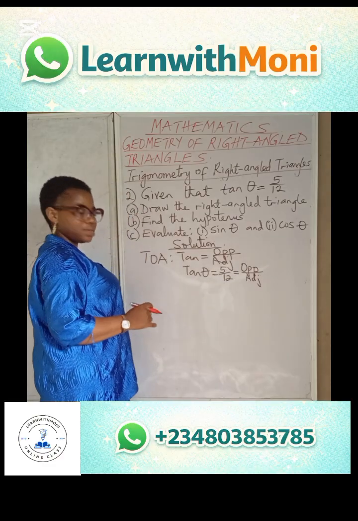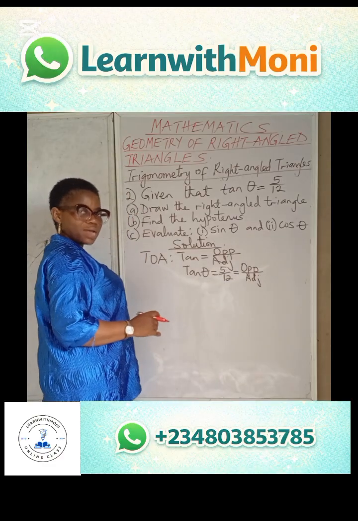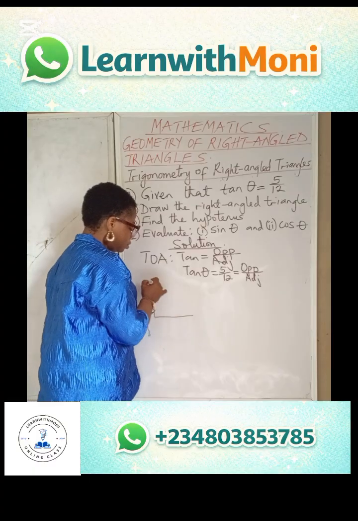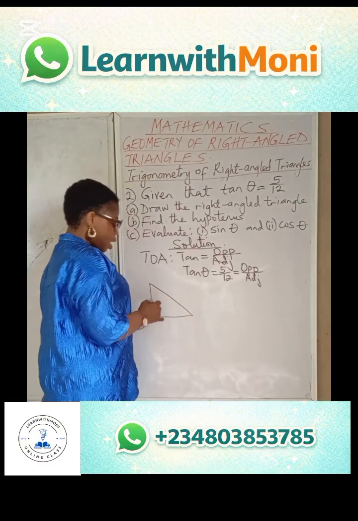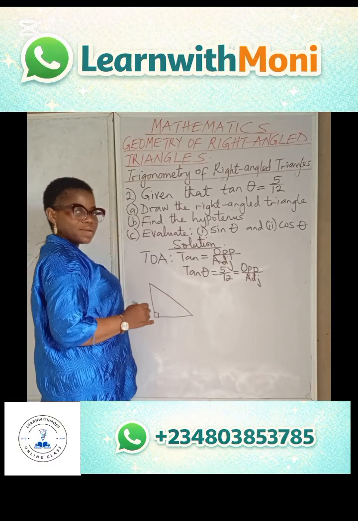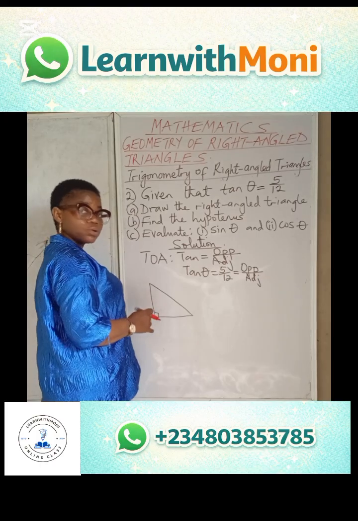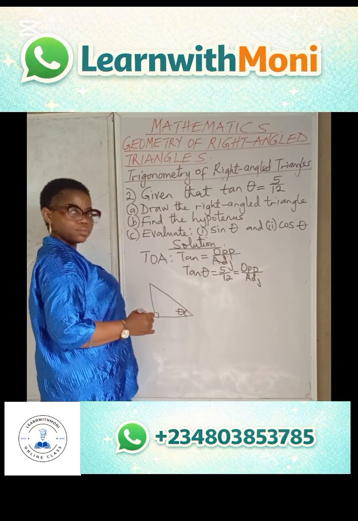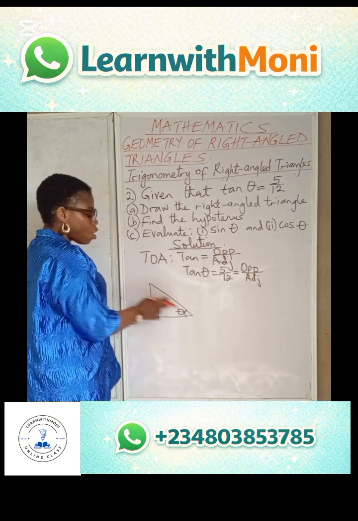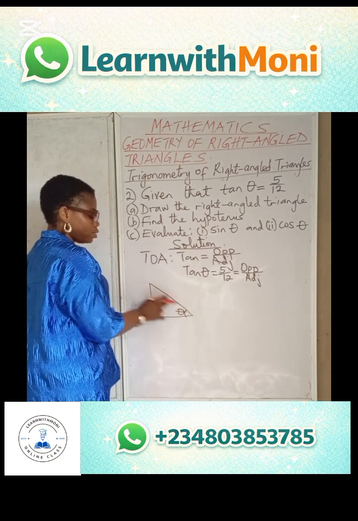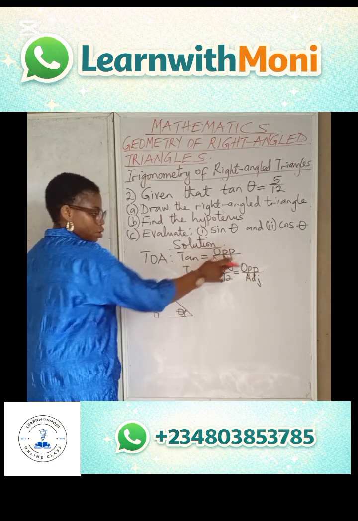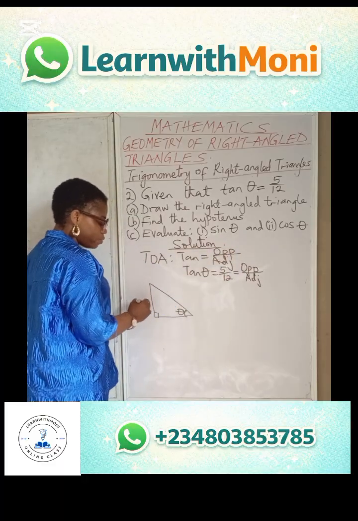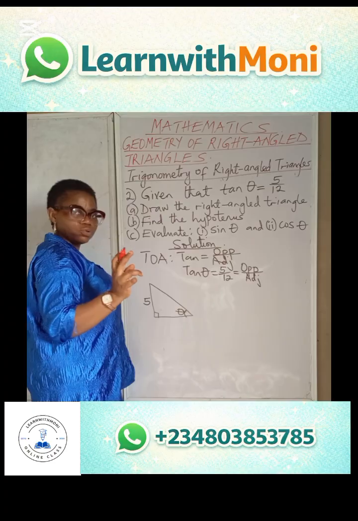So that makes it easy for me to draw the right-angled triangle. I am choosing to draw mine this way. This is my right angle, which is the square corner angle. I want to pick this as my angle theta. This side is the opposite of angle theta, the side facing it. And from here, I can see the opposite is 5. That is settled.